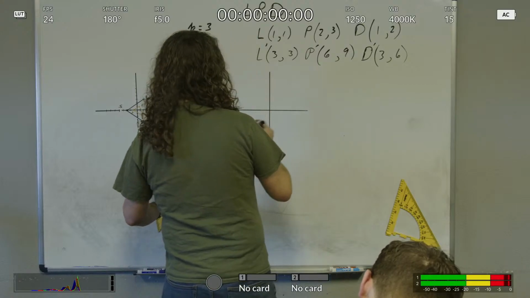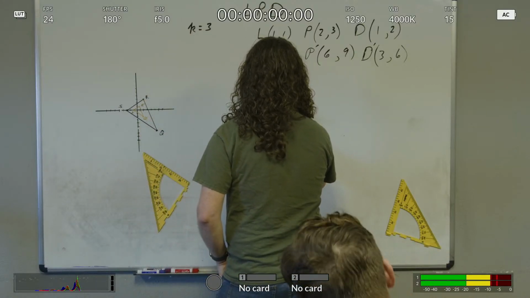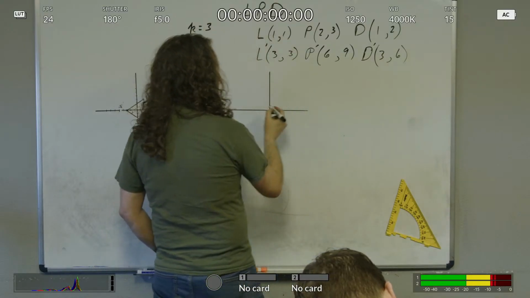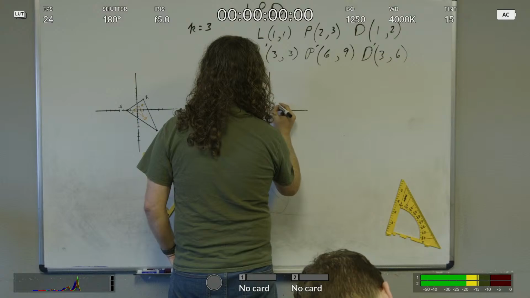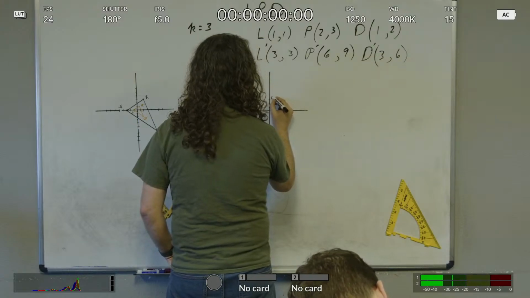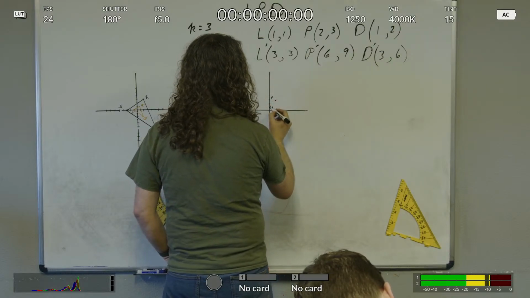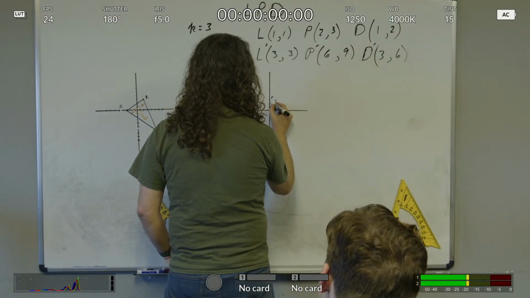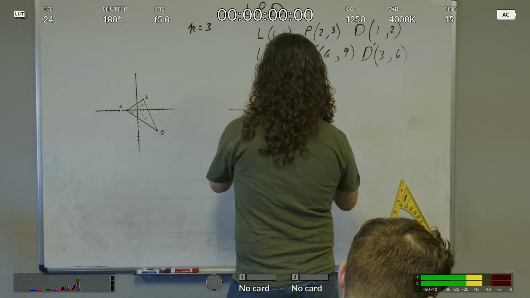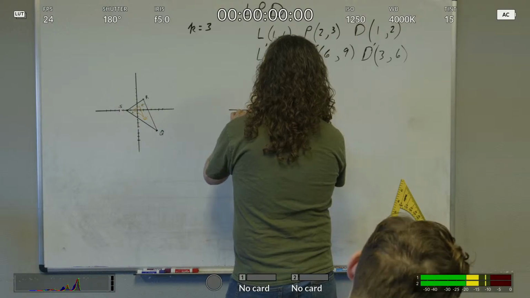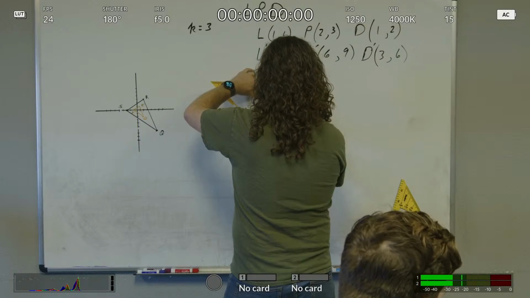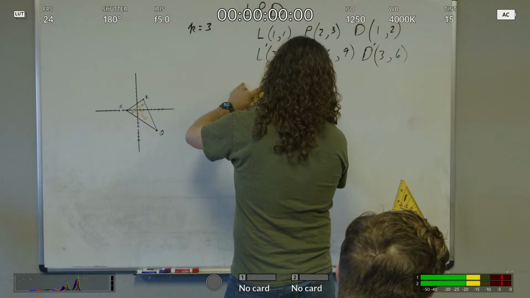All right, so L is at 1, 1, which is right there-ish. And P is at 2, 3, which is right here-ish. And D is at 1, 2, which is right there-ish. And then when we connect the dots into a triangle, it looks like this.